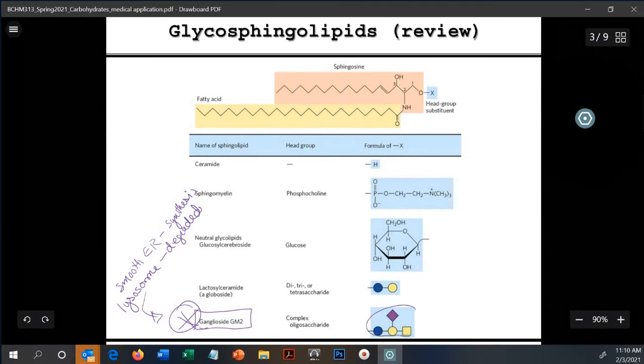So if we have this complex oligosaccharide on the surface of ganglioside GM2, we need specific enzymes to degrade this. And these specific enzymes have to recognize these specific sugars.